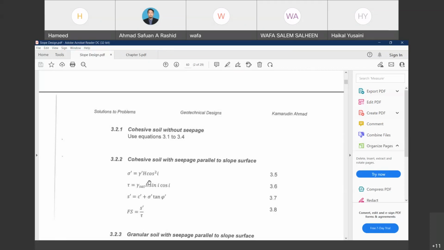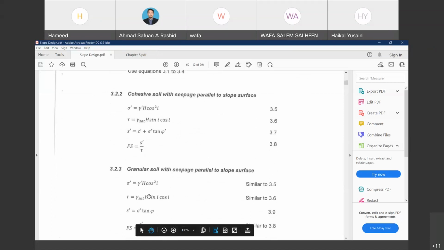So we just include the water in the calculation of the tau. While for the shear strength, we may use the effective stress approach, where C prime and sigma prime tangent phi are used to calculate S prime.